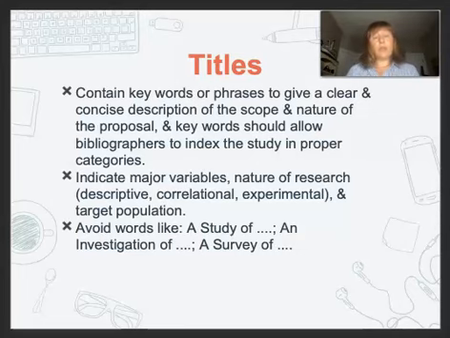We like to avoid words that are vague and boring, like a study of, an investigation of, a survey of. You can develop ways to write more engaging titles. I suggest you look at the examples in our resources tab in our Canvas page, as well as look at the USU dissertations and theses that are published in our library.